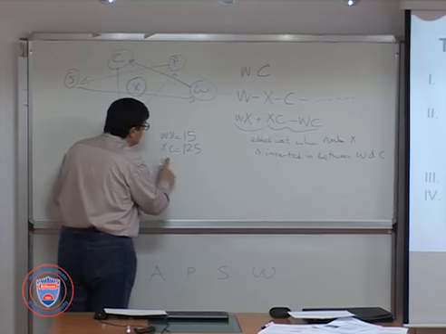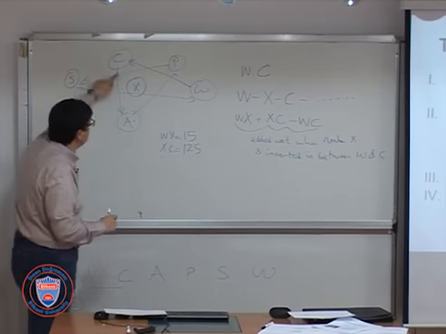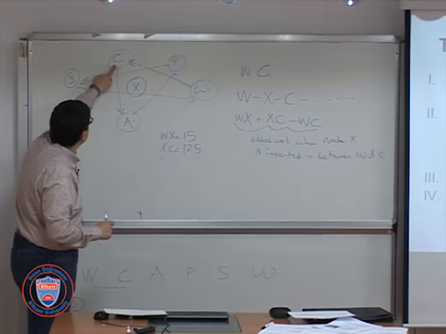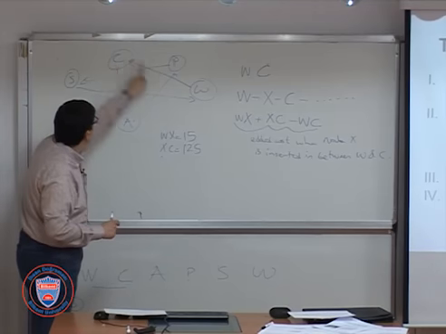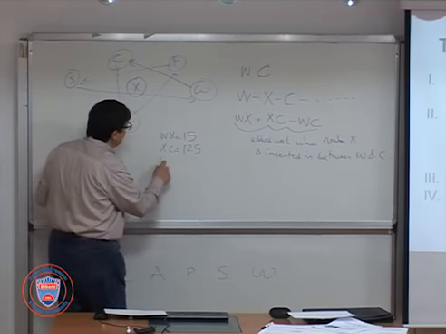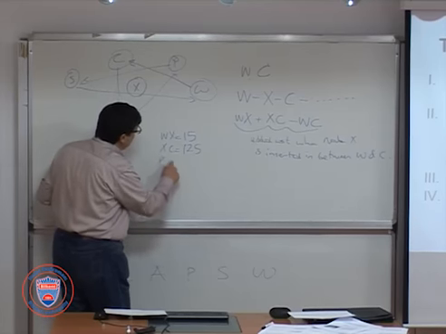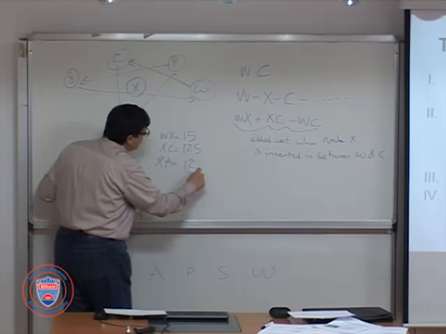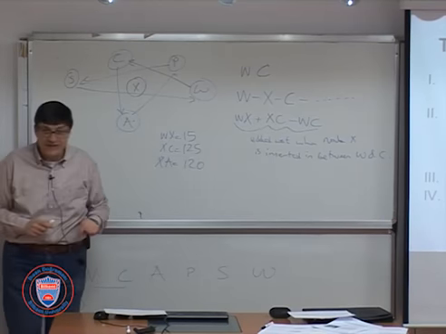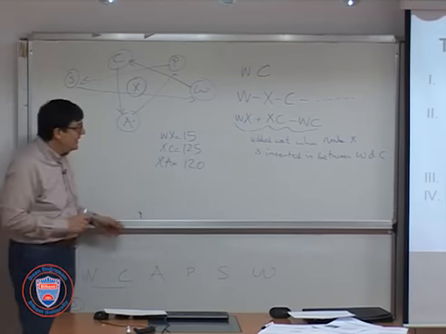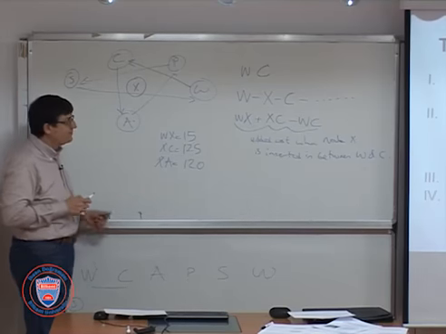And let me also consider the second part, which is from W to C. And so xc and xa is 120. So let me have these three information given to you, and let's apply it to the example.